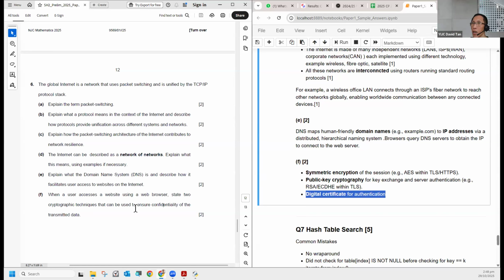So I think the 2 techniques are symmetric and asymmetric encryption. By the way, digital certificate is not in your syllabus. We mention it or teach it a little bit for completeness' sake, but it's not in your syllabus. The A-level syllabus does not include digital certificate.